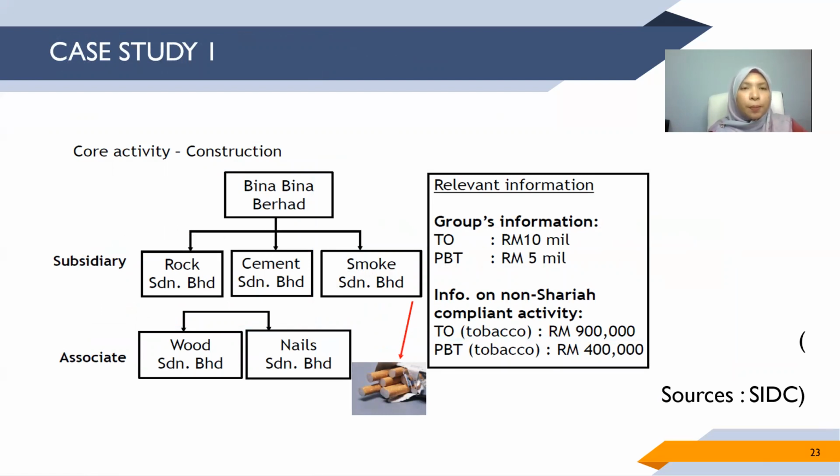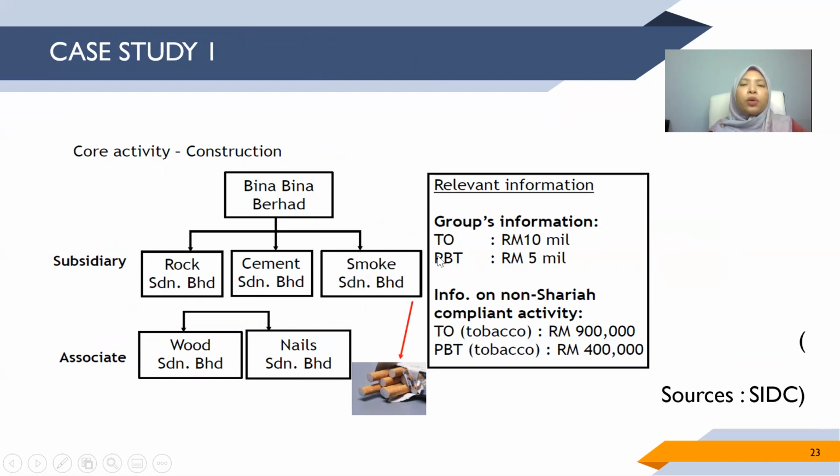For this example, we have Bina Bina Berhad. Okay, they have their subsidiary, Rock, Cement, Smoke, Sdn Berhad, and also they have their associates, Wood and Nail. However, Smoke is actually contributing to tobacco. Okay, so tobacco is considered non-Shariah compliant.